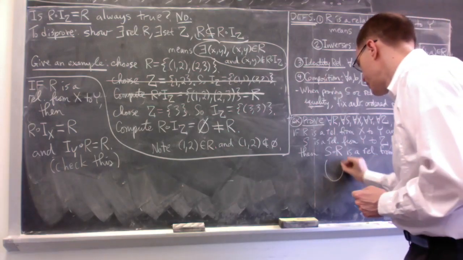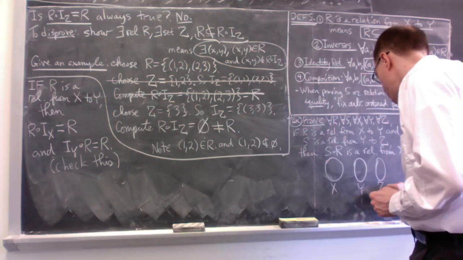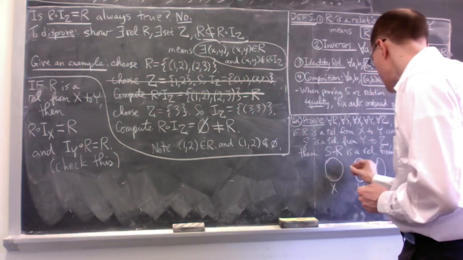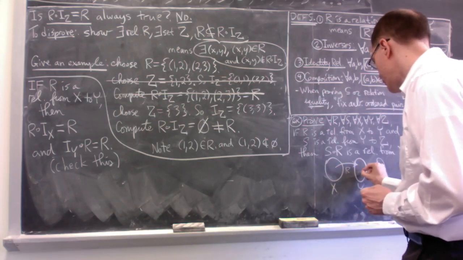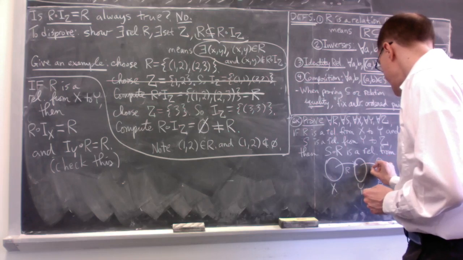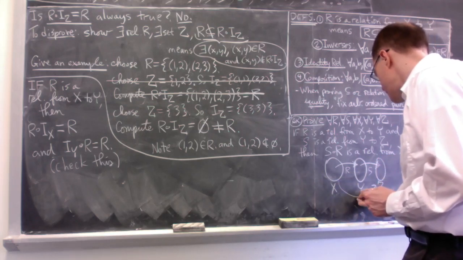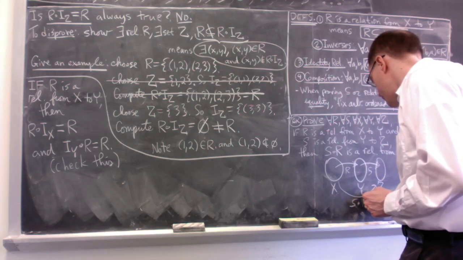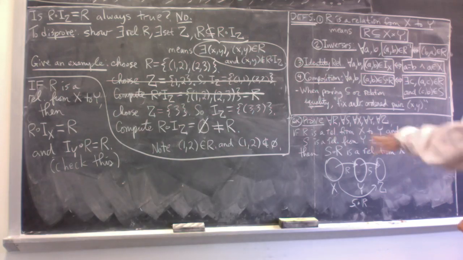And there's a little cartoon picture that's supposed to make this highly believable. If you had arrow diagrams where R is happening first, mapping inputs from X to outputs from Y, and S is happening second, mapping Y to Z, and then S circle R, remember, is this composition that goes like that. Okay, that's what this is saying.